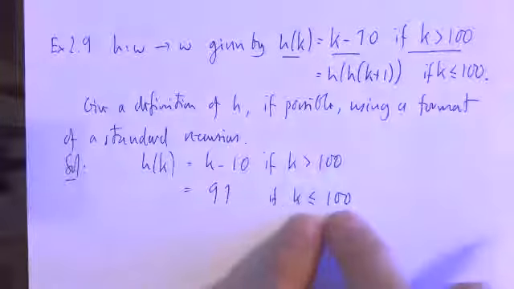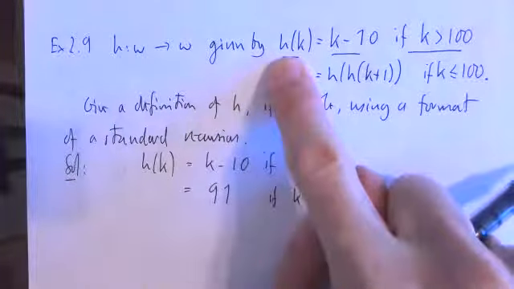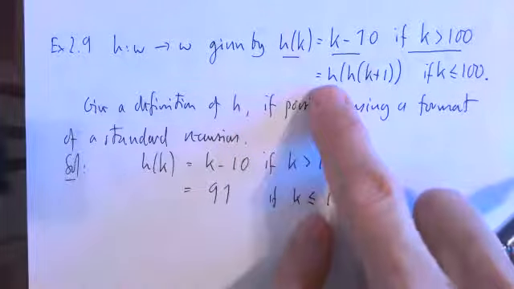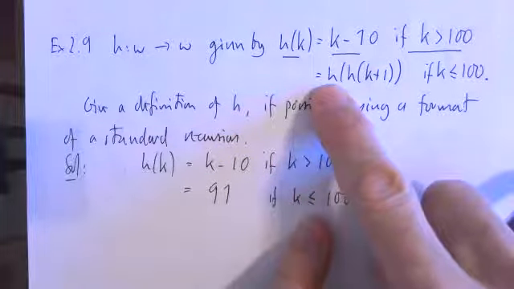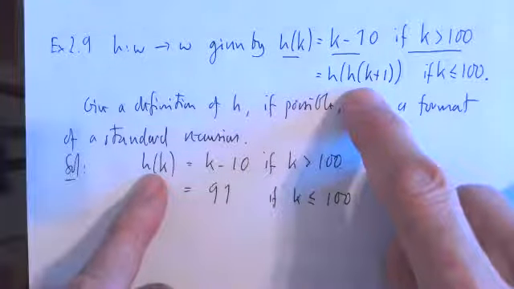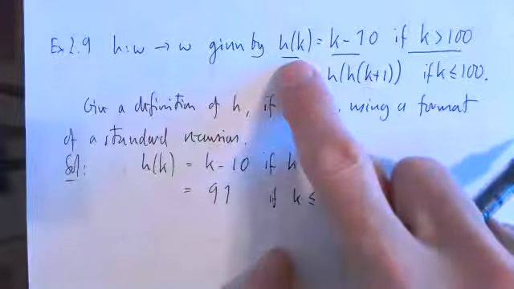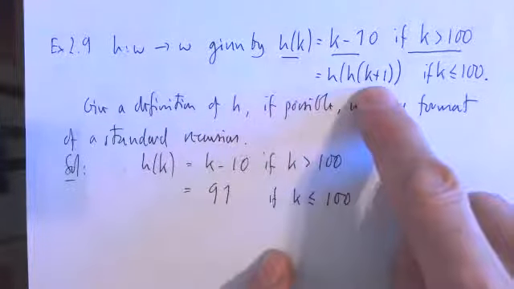After all, if k equals 100, h of 100 is supposed to be h of h of 101, and h of 101 is 91, so h of 100 has to be h of 91.